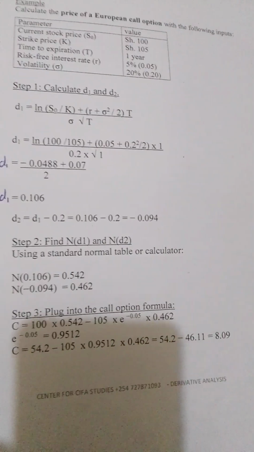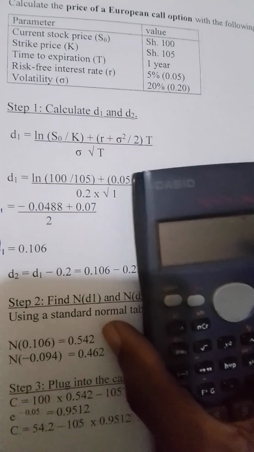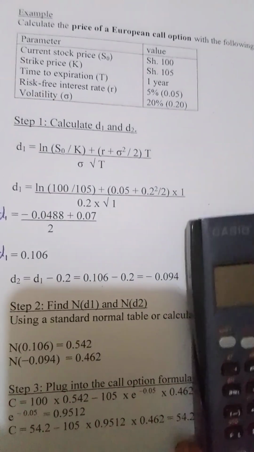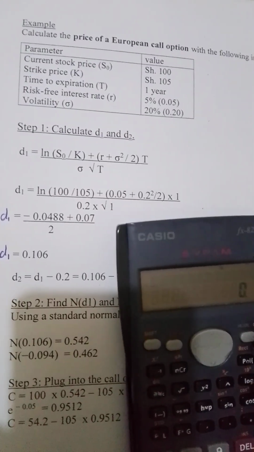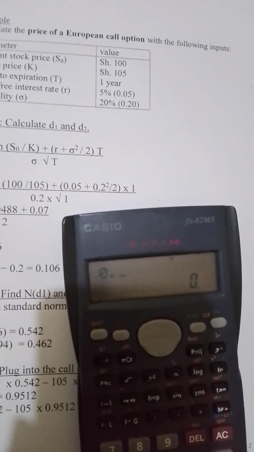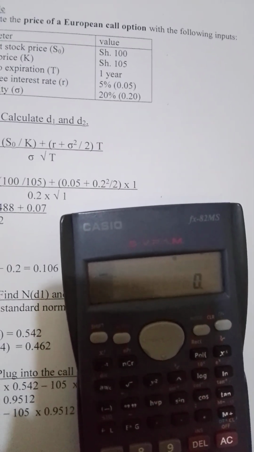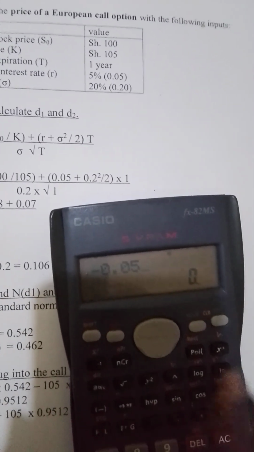So it is the same as taking our exponential of negative R. Our R is 0.05, so this is a negative number, negative 0.05.